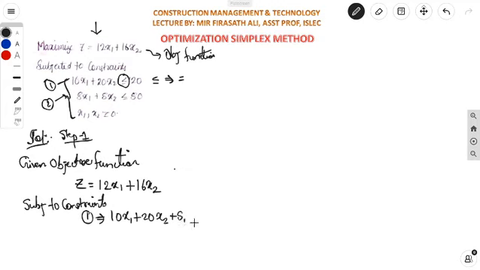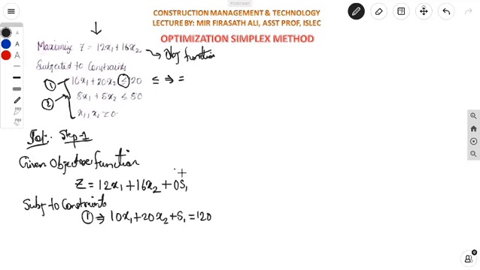If we add S1 over here, the less than or equal to becomes equal to 120. As we have added this variable, we need to add it to the objective function also, with coefficient 0, so 0 S1, because we cannot change the objective function.